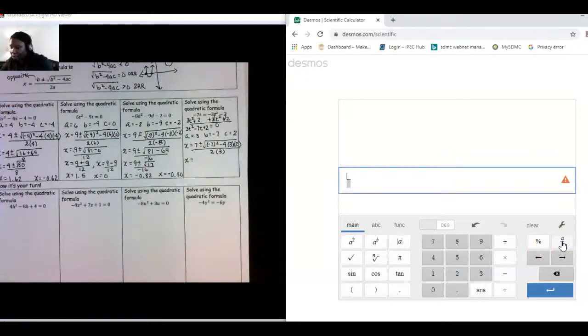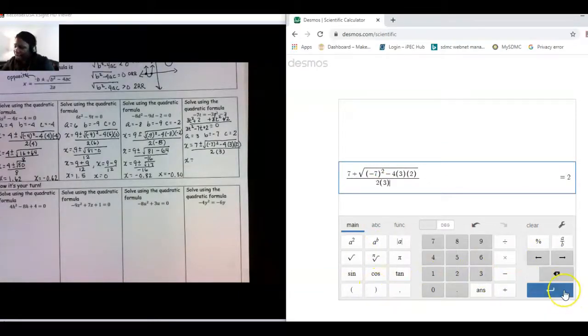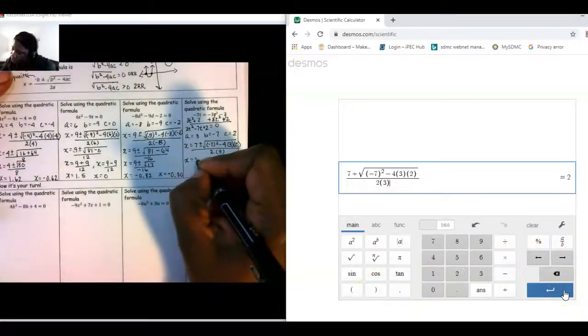So 7 plus the square root of parentheses first, negative 7, close parentheses, squared, minus 4, parentheses, times 3, close your parentheses, times 2, close your parentheses, all of that divided by 2 parentheses 3. And that gives us 2. So x is equal to 2.